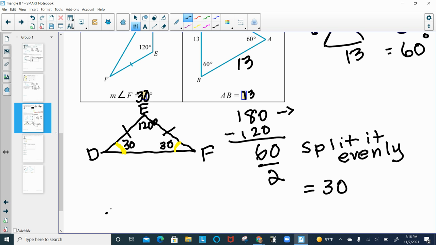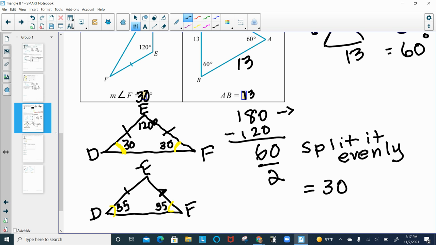Now, if you had a triangle like this, we're still going to make D and F and E, but let's pretend this was 35. Well, remember, our base angles are right next to the sides that are the same length. So that would make this 35.